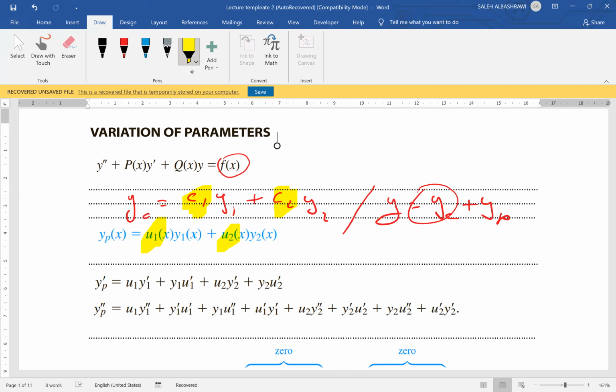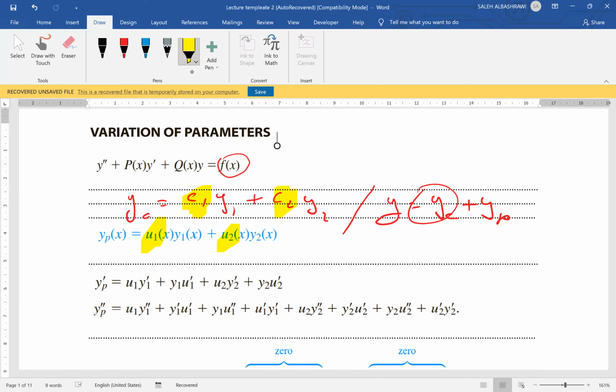So u1 prime now, we go back to see the formula: u1 prime equal to minus y2 multiplied by f of x divided by w, and u2 prime is equal to y1 f of x divided by w, the Wronskian.